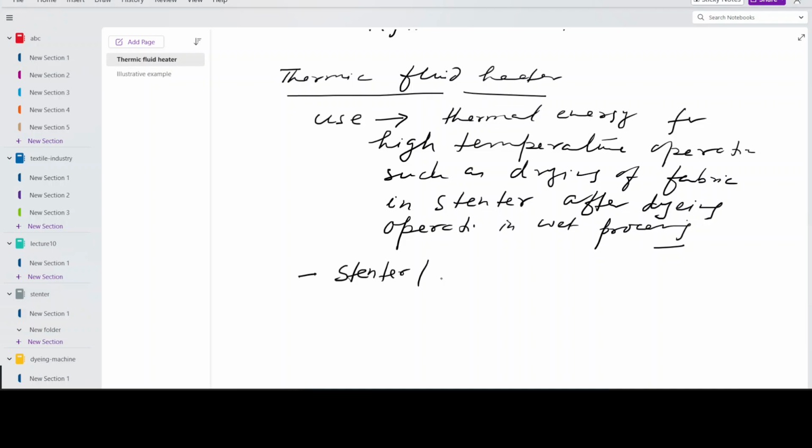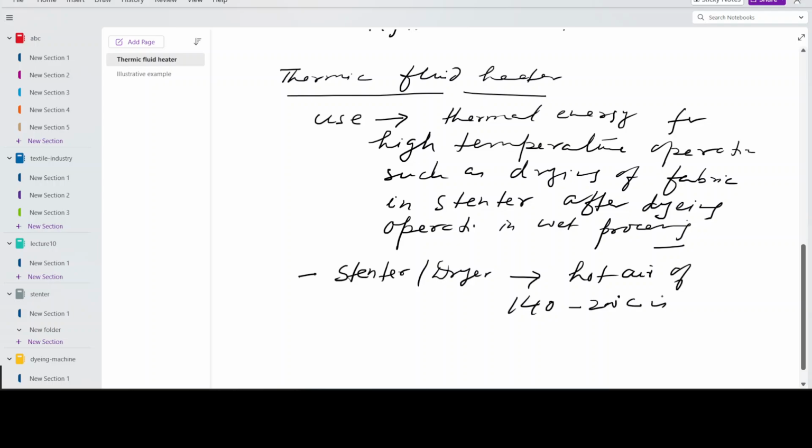In a stentor or dryer, hot air of 140 to 200 degrees centigrade is required.